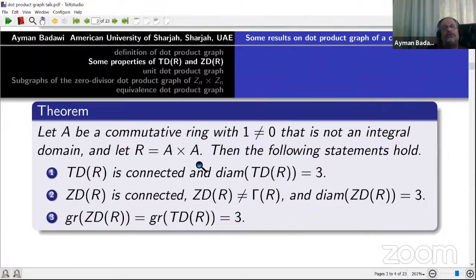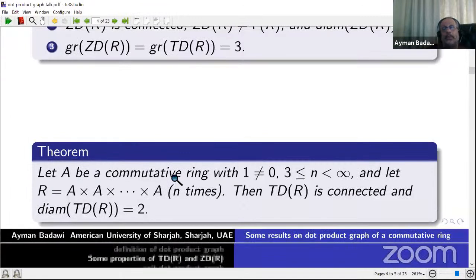Okay, so these are properties when R is a product of commutative rings.